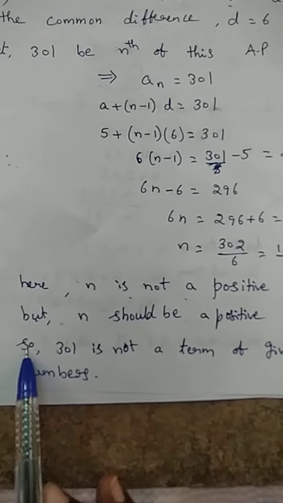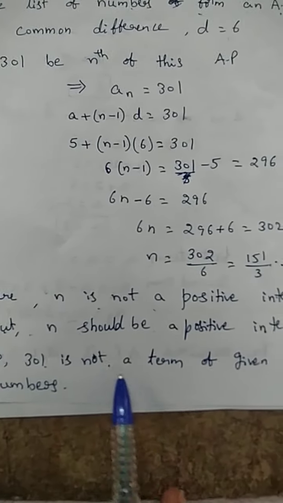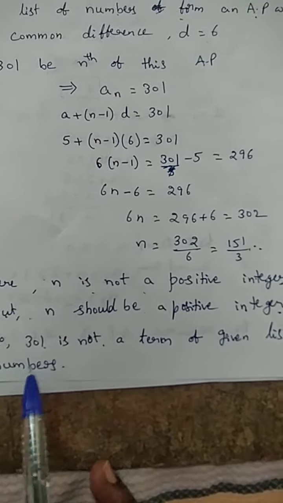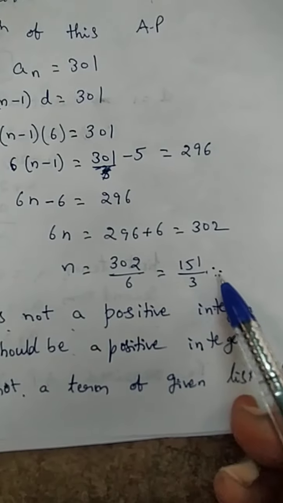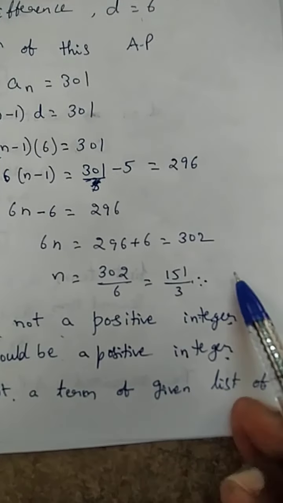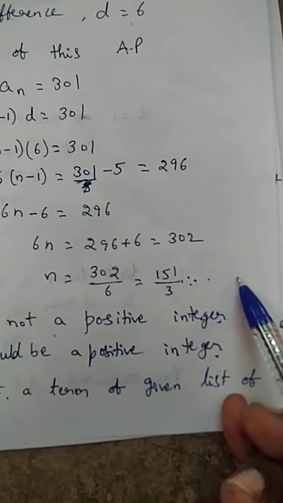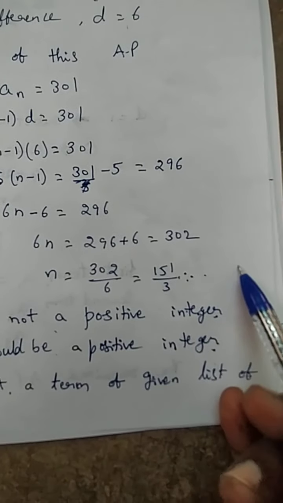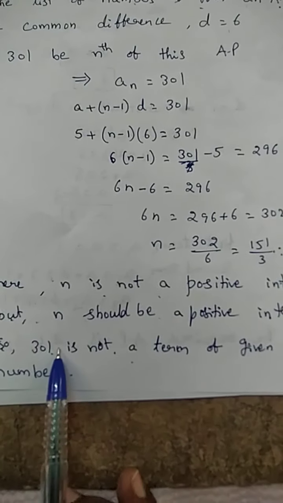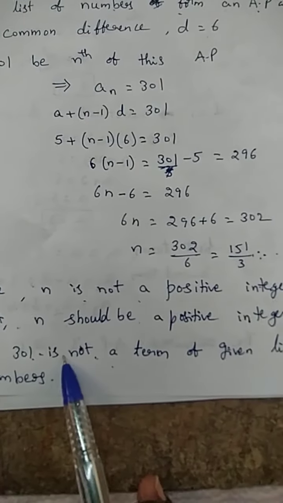So automatically 301 is not a term of the given list of numbers. If it is any positive integer, then that result is the answer for the question. For example, if you get the result to be 50, then 301 is the 50th term of the given list of numbers.